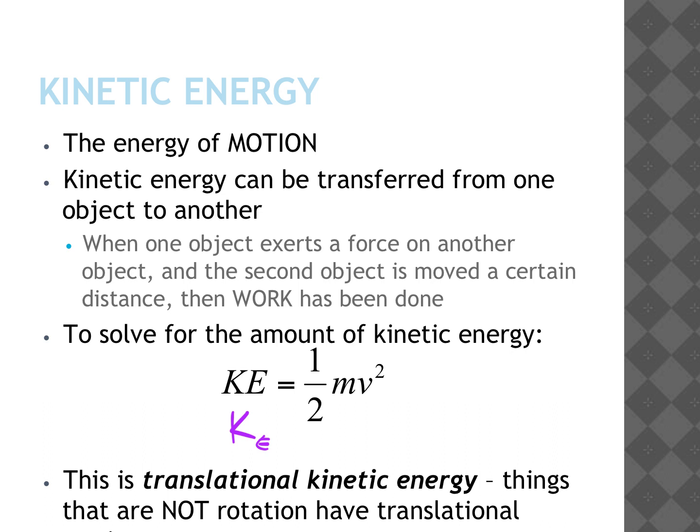Mass, and then v has to be velocity. Is it 1/2 mv squared or 1/2 mv squared? Just the v is squared. Just velocity is squared. This is also measured in joules. Also measured in joules. Okay.